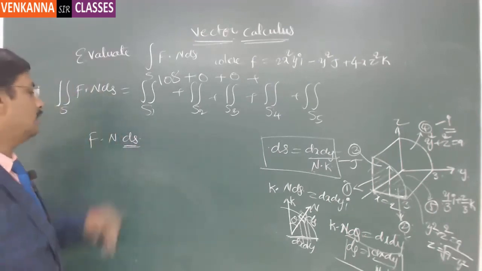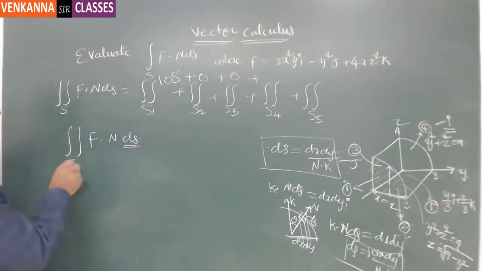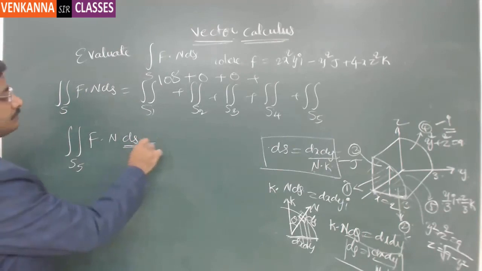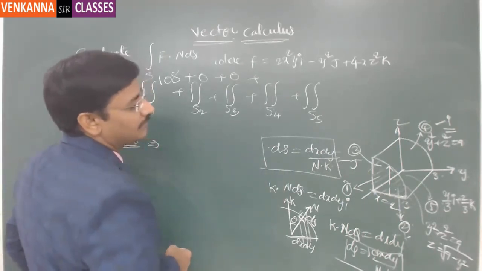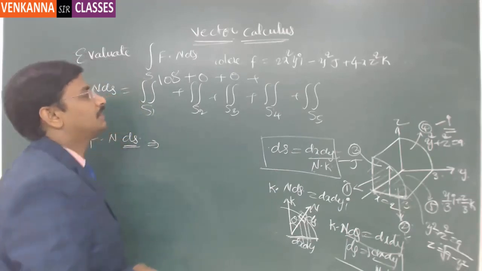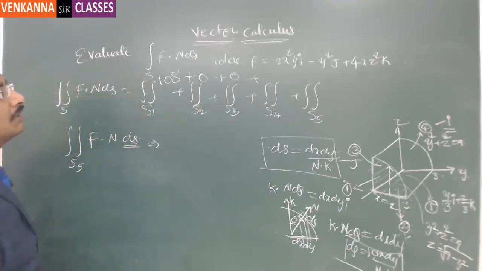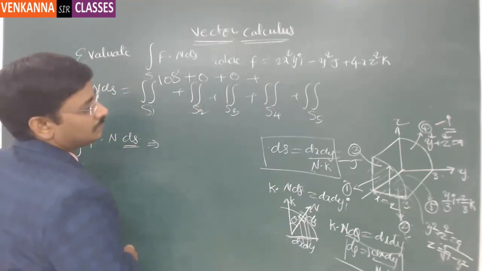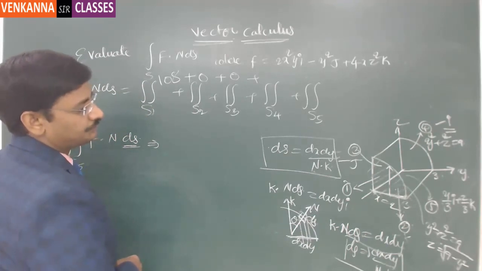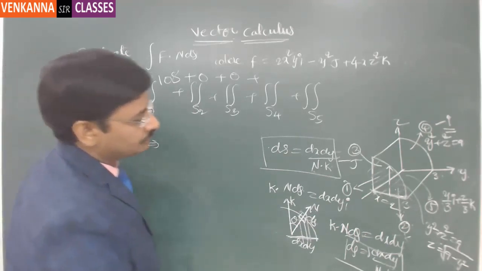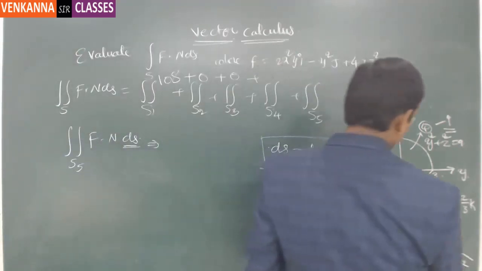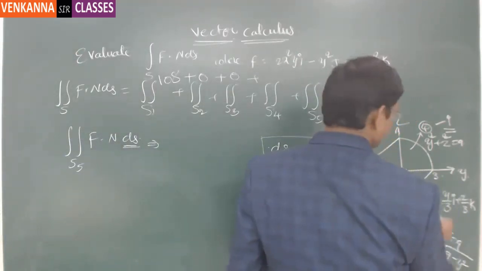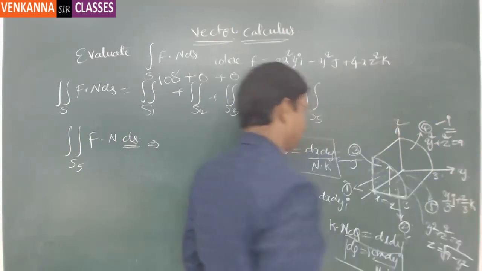Now here, integral over the surface S of F dot n. So n is y i by 3 plus z k by 3. Now if you take the dot product, this is j, yeah.